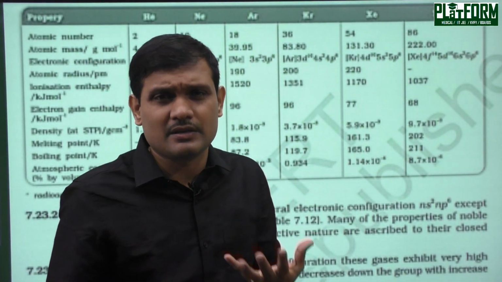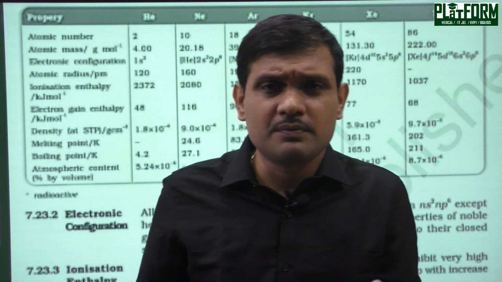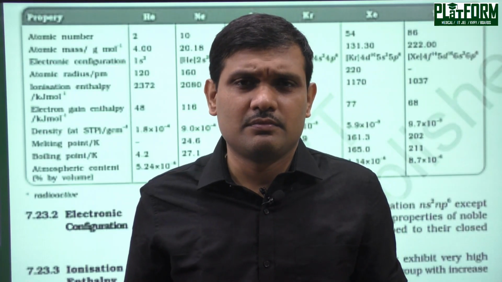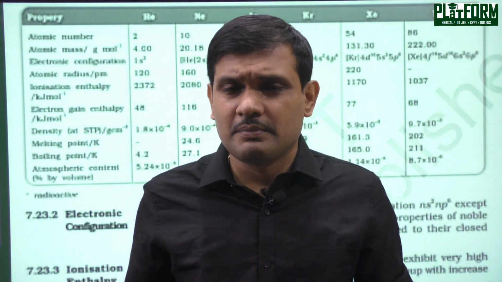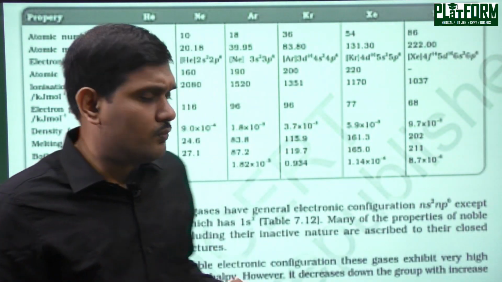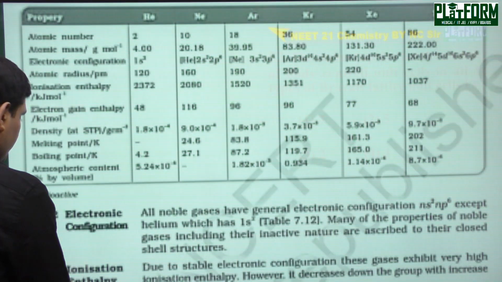All these values are less than 273 Kelvin, so they are at very low temperatures. So definitely the melting point and boiling point of noble gases are very low.